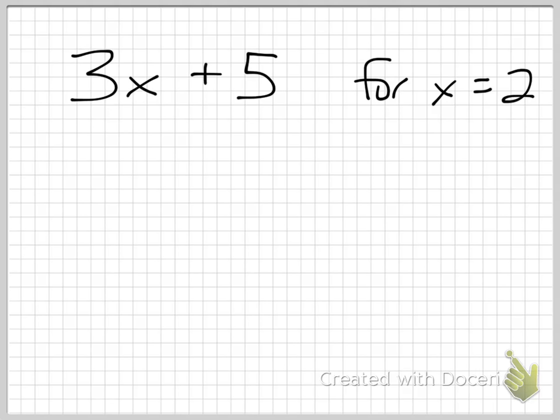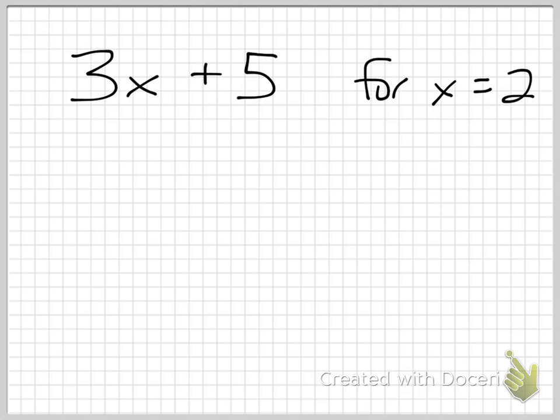When you're replacing this, notice this. It says 3x plus 5 for x equals 2. It means that x does equal 2. You know that. It's telling you that. Since you know that, you're going to replace the x with what it's worth. What is the x worth? What is the x equal to? 2. So you replace it.